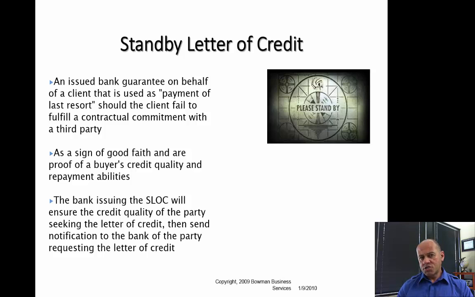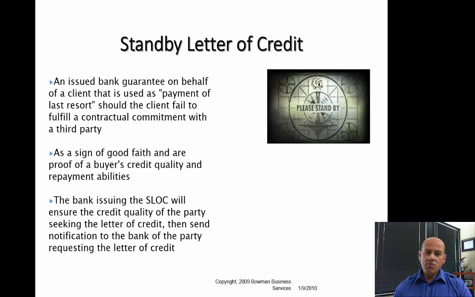The one caution for importers or buyers is that if you put up a standby letter of credit, you can end up paying twice. Let me explain that. Let's say you are an international buyer. You've put up a standby letter of credit, let's say for 90 days.